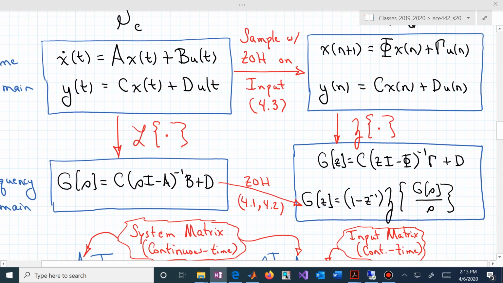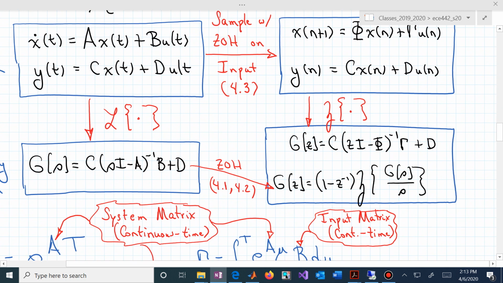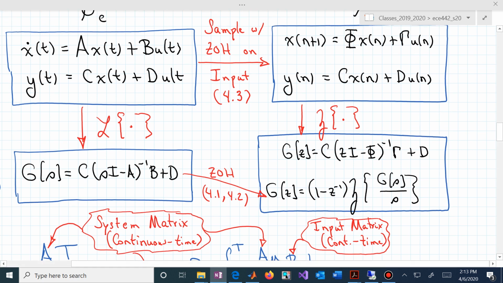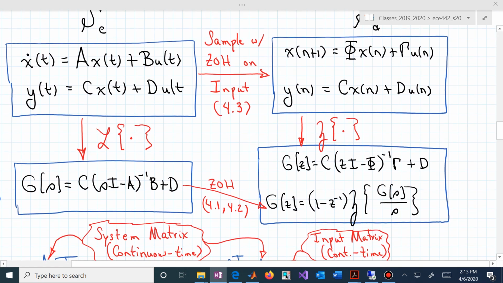Once you have that G of S, you could use the strategies in lectures 4.1 and 4.2 with the zero-order hold equivalent: divide that G of S by S, find the Z transform of that, and then scale that Z transform expression, which could consist of multiple terms, by this factor 1 minus Z to the minus 1. That gives you a capital G of Z. You could also obtain a capital G of Z if you went the other way.